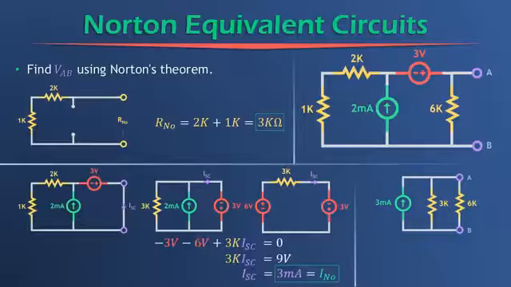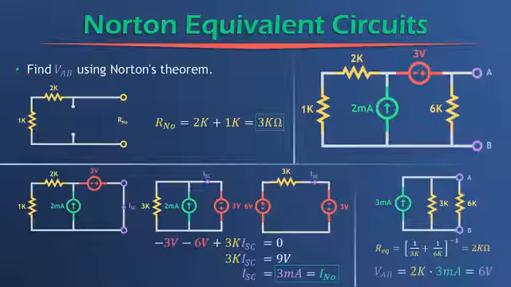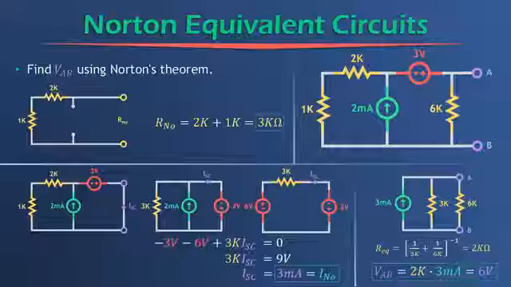How can we find the voltage across AB? Real easy. Find the equivalent resistance of the 3K and the 6K in parallel, which turns out to be 2K, and then do V equals IR. That is 3 milliamps times the 2 kilo ohm equivalent resistance, and we get 6 volts across AB, just as we got before using Thevenin's theorem.